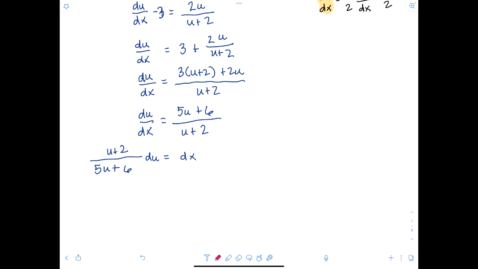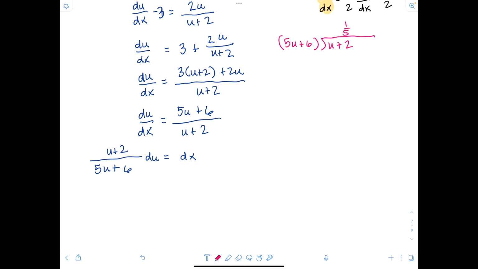So notice that we have the same degree, so we can do polynomial long division. So quantity 5u plus 6 goes into u plus 2. Be careful, you want to match that coefficient of the u, so 1/5 is what we multiply through.